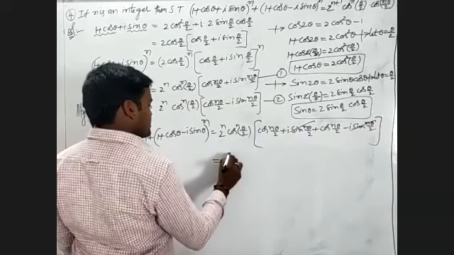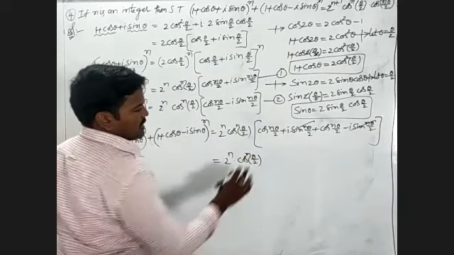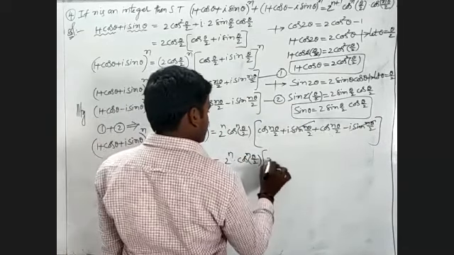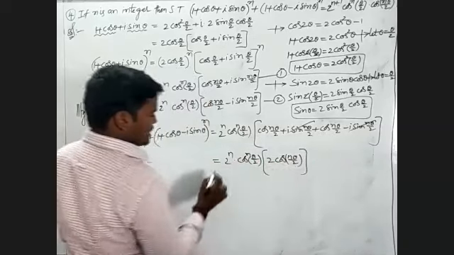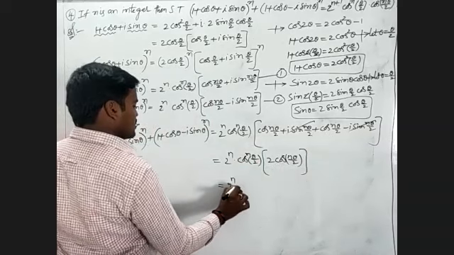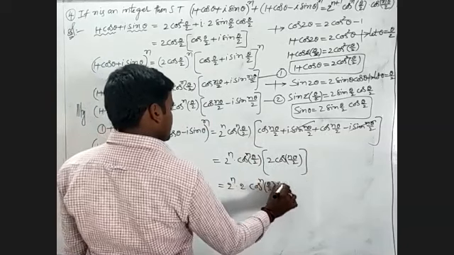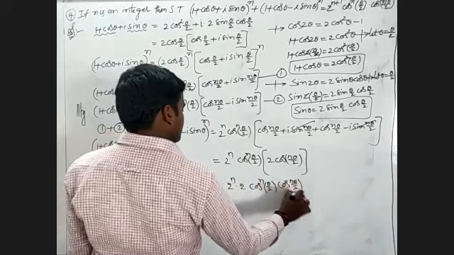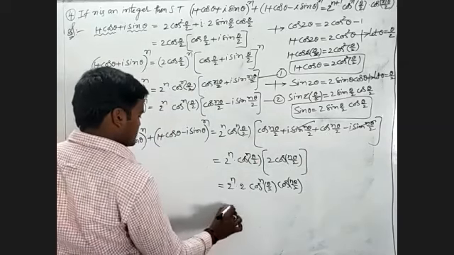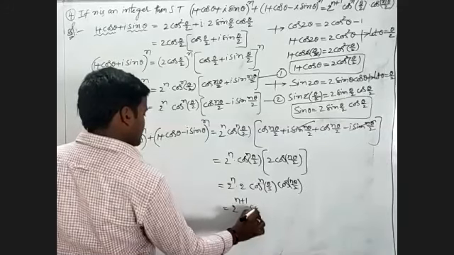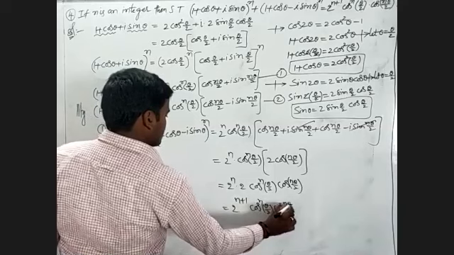Remaining we have to write 2 power n into cos power n theta by 2 into cos n theta by 2 plus cos n theta by 2, which is nothing but 2 cos n theta by 2. Expanding, 2 power n into 2 into cos power n theta by 2 into cos n theta by 2. Here the bases are equal, so their powers must be added: 2 power n plus 1 into cos power n theta by 2 into cos n theta by 2.